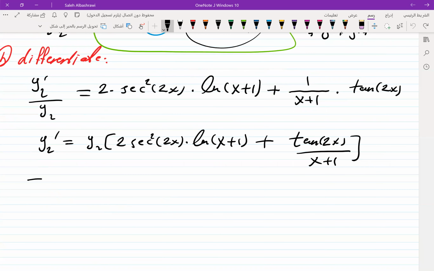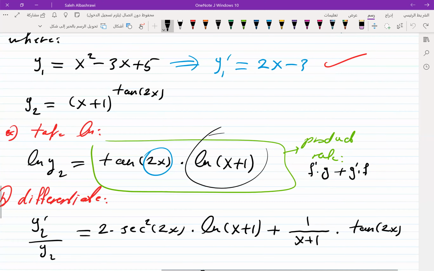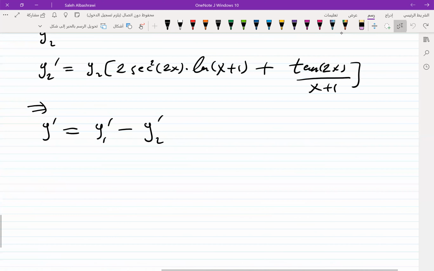Now combining all of these, y prime, the general function, will be y1 prime minus y2 prime. y1 prime, we found, is 2x minus 3.